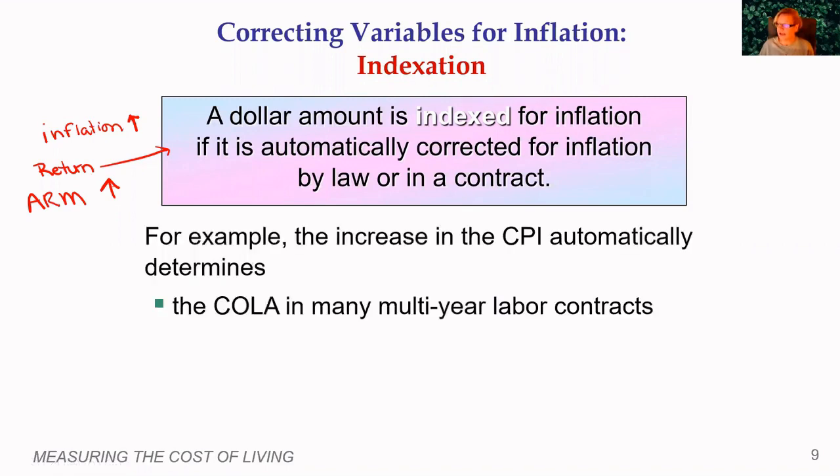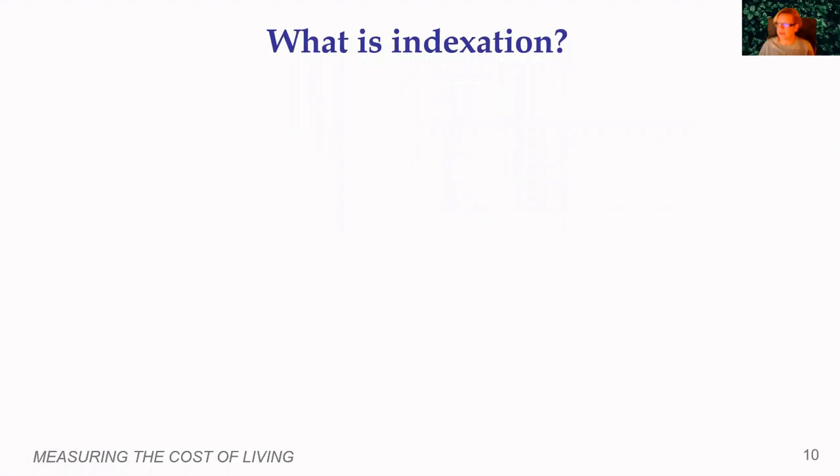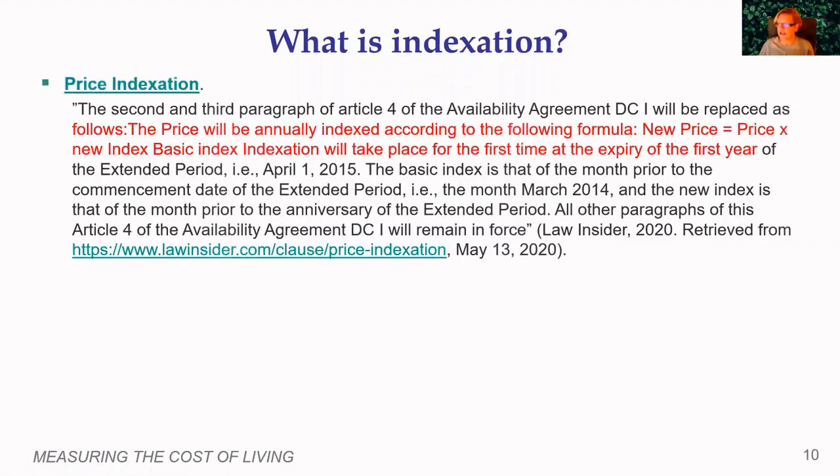Okay, so again, multi-year labor contracts, Social Security payments, and some federal income tax brackets. If you really want to know what indexation is, and I took this from a law review, and I thought it was kind of interesting because it says that it's not automatic, but it will the first time at the expiry of the first year.